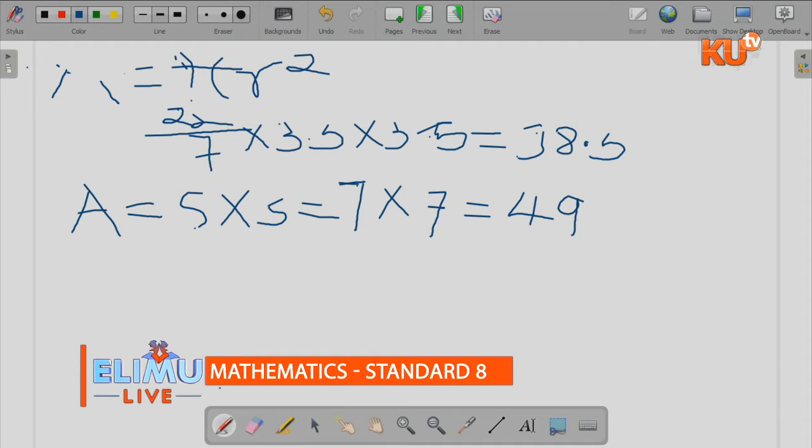Now, how do you get the area of the shaded region? Area of the shaded region is the area of the square take away the area of the circle, which is 49 take away 38.5.